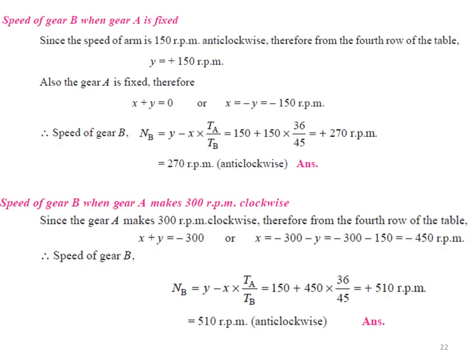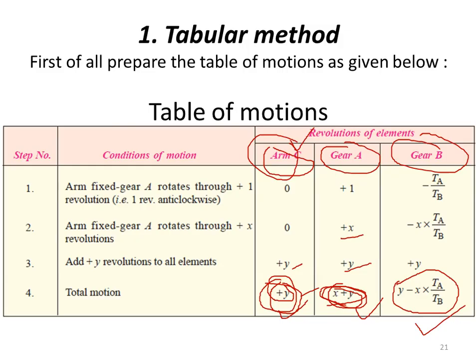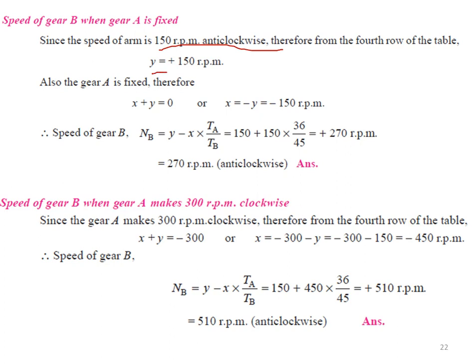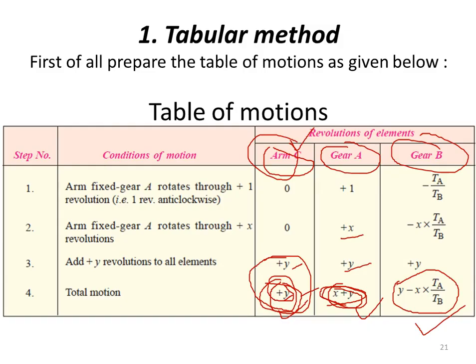So when you have to find out the speed of gear B when gear A is fixed, since the speed of the arm 150 rpm anticlockwise is given, for this condition the arm is Y. So you can take Y is equal to 150 rpm. It matches with the anticlockwise direction which you have taken as anticlockwise.